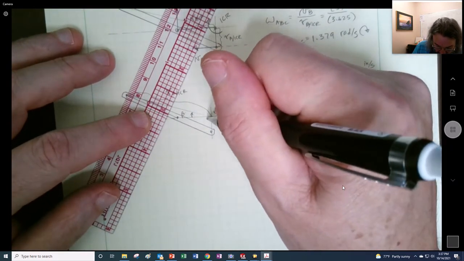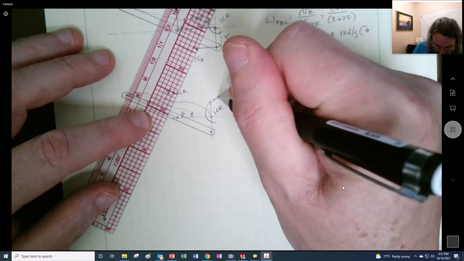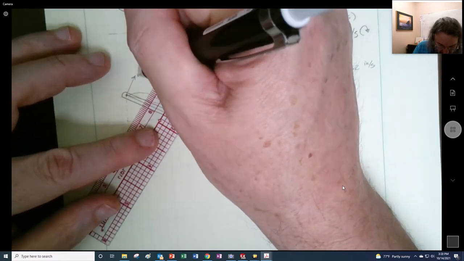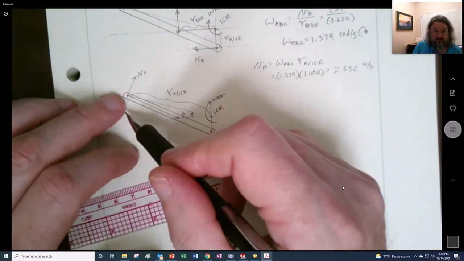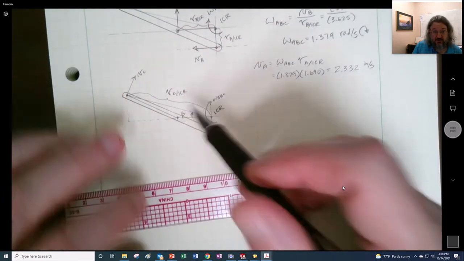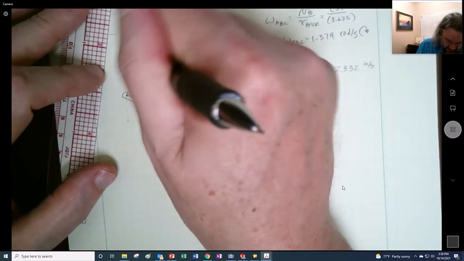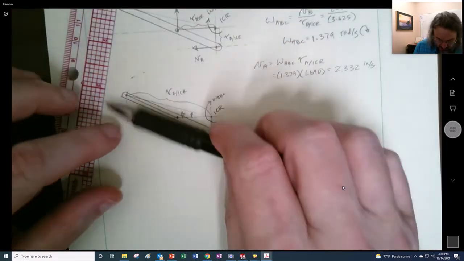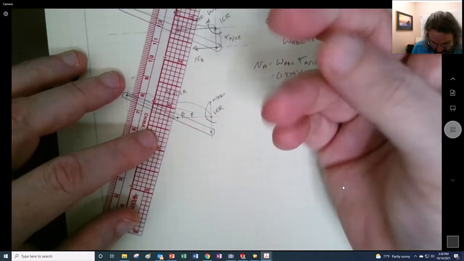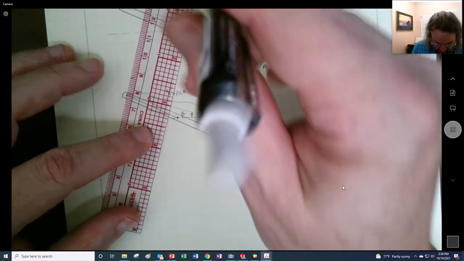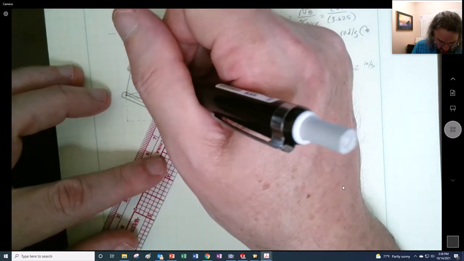By the way, we know that our omega ABC is in that direction, so our velocity C is going to be perpendicular to this. Did I do that right? Let me see. I did not do that right. My bad. I used this line, I should use that line. So here I'm going to make this perpendicular to that line. It's not going to look that much different probably, but it's important, right?